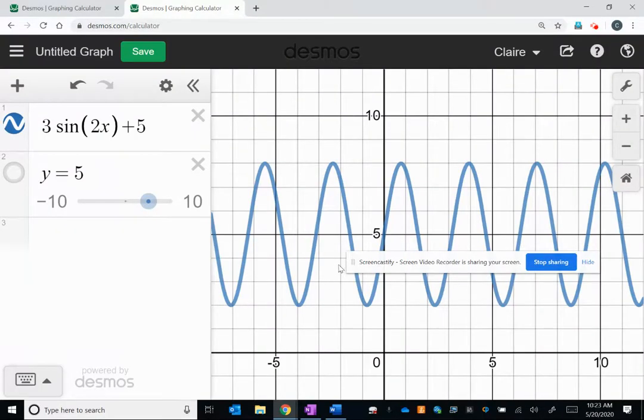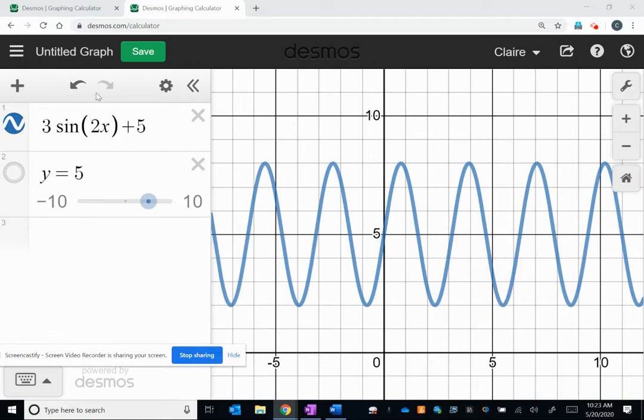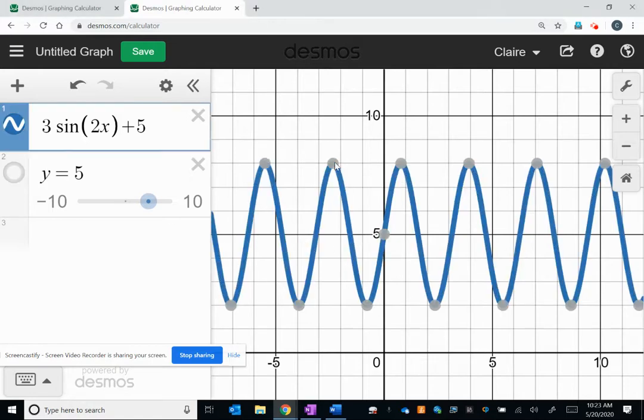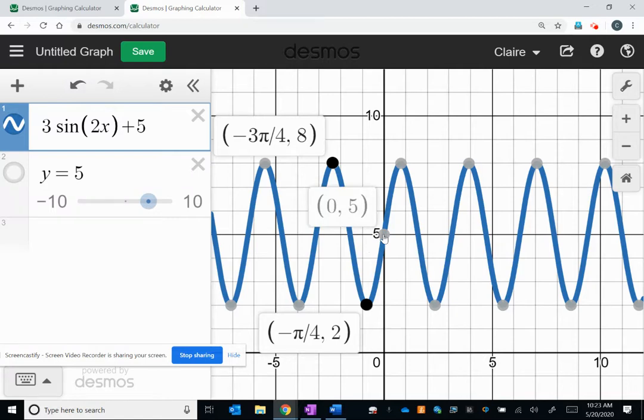So I've got the equation that we just wrote, 3 sine of 2x plus 5. If I look at that, it's got maximum values at 8 and minimum values at 2. So it certainly seems to fit that criteria. The midline of 5 means that we've got that sine starting point right there where we want, at a y value of 5.